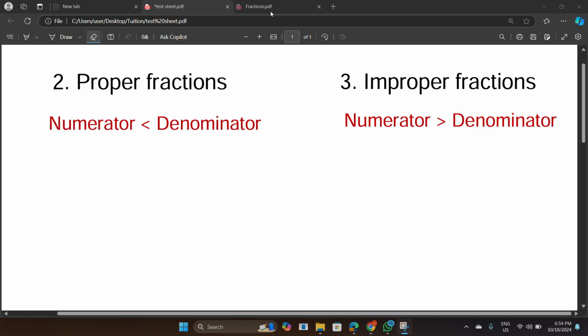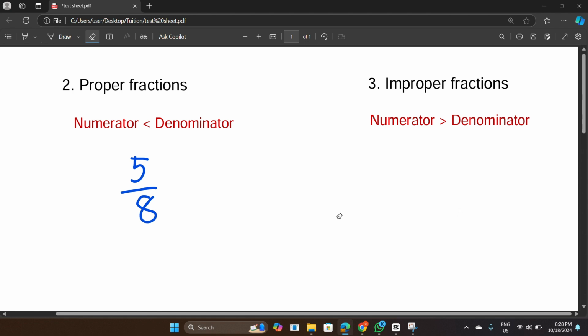Let's move on to proper and improper fractions. Both of these are common types of fractions, but they tell us different things. They have opposite meanings, proper and improper, right? If we take an example of proper fractions, we can write 5 over 8. Here, you can see the numerator 5 is less than the denominator 8.